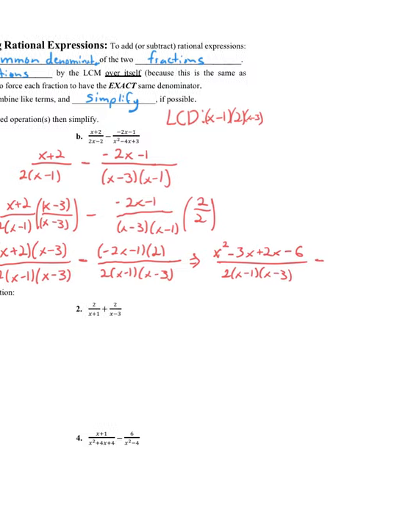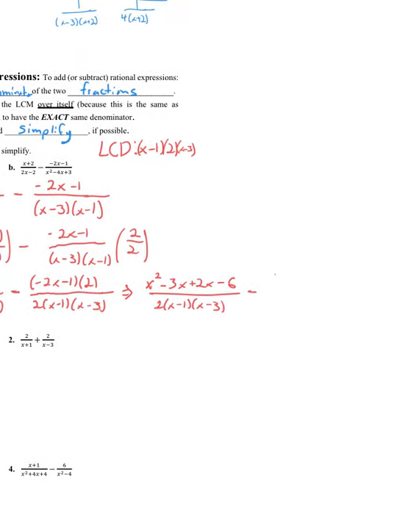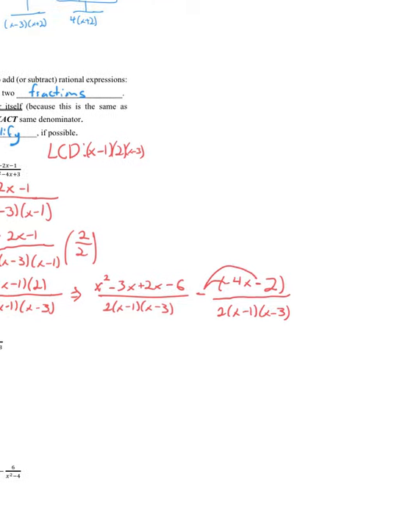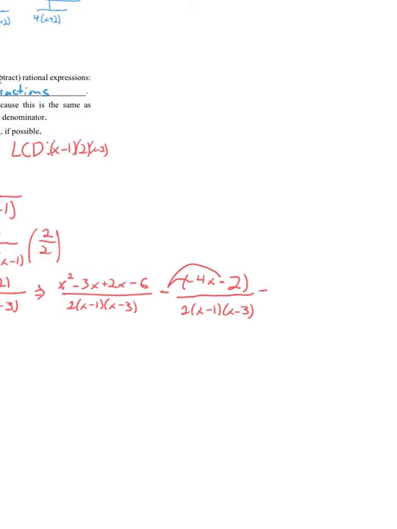The right side, I have this minus, and it's going to be negative 4x minus 2 over 2 times x minus 1 times x minus 3. Now, because this is a negative sign up here, I could actually distribute that negative through to everything.